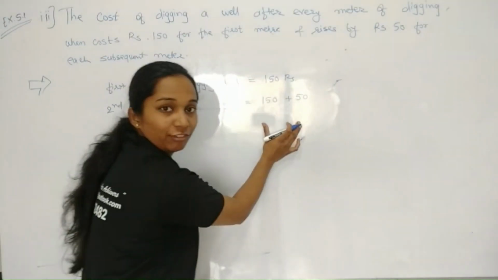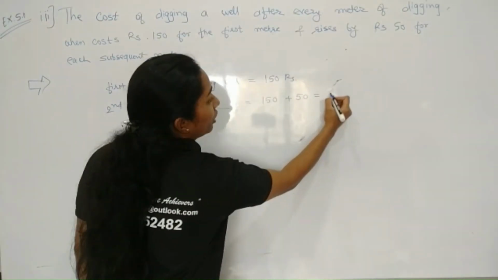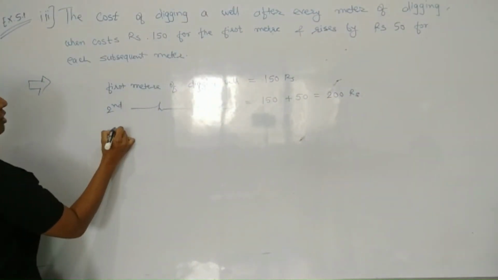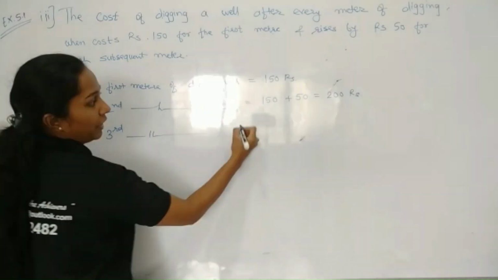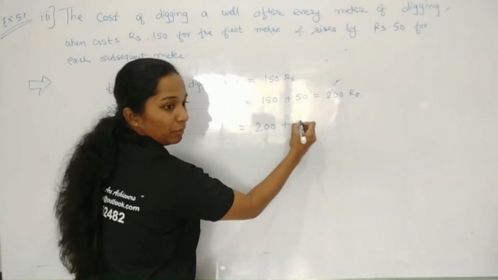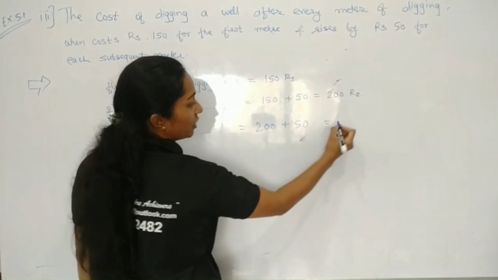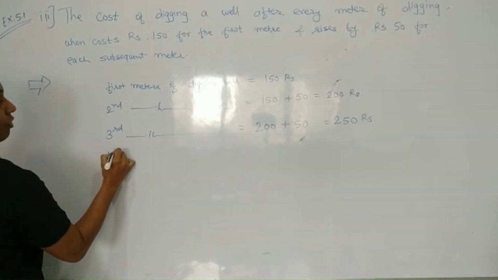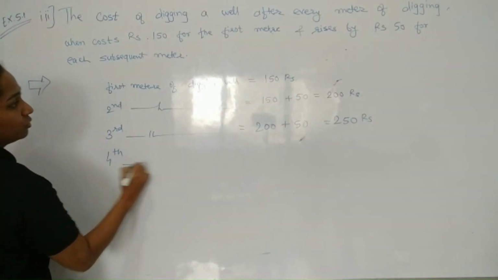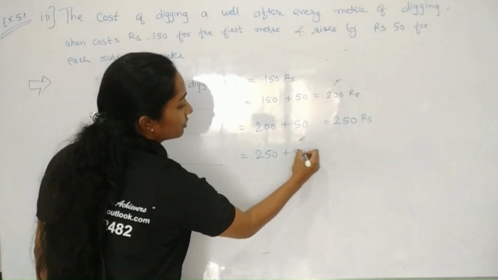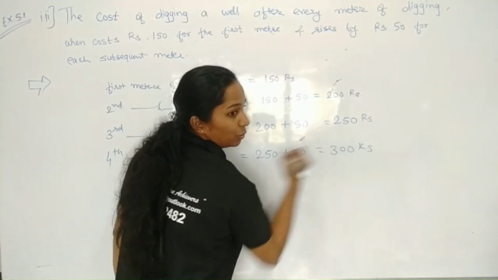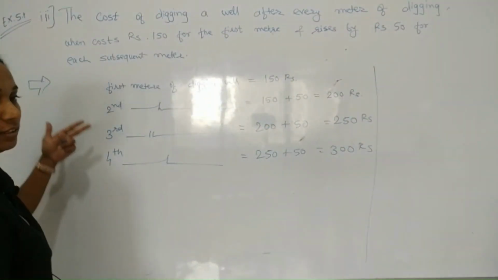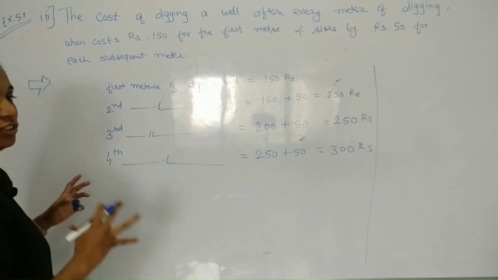So we add 50 rupees to 150, and we get 200 rupees for the second meter. For the third meter it is 200 plus 50, which is 250 rupees. And for the fourth meter it is 250 plus 50, which is 300 rupees.